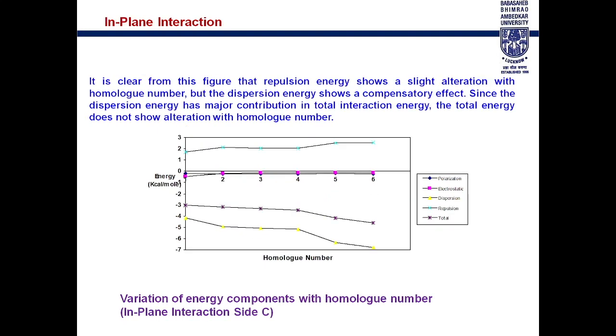Now, in the in-plane terminal, that is side C interaction, it is clear from this figure that repulsion energy shows a slight alteration with the homologous series. But the dispersive energy shows a compensatory effect. If the dispersion energy has a major contribution to total energy, the total energy does not show the alteration with the homologous series.